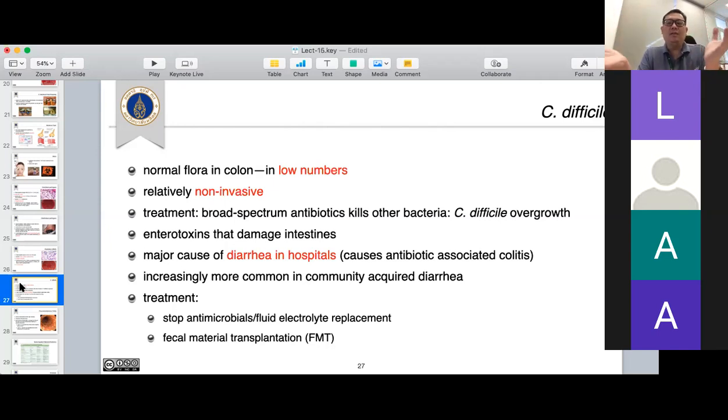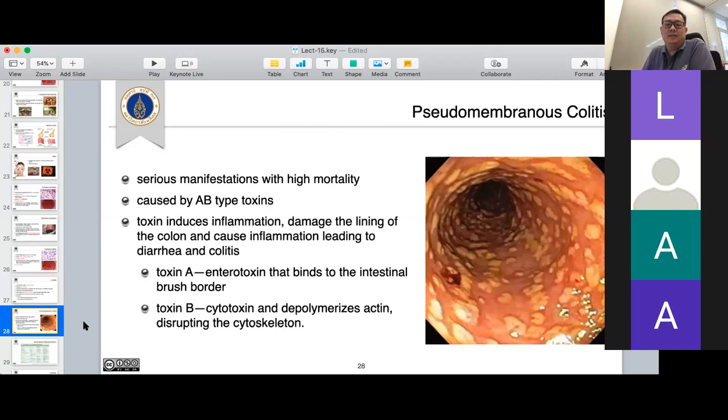It makes the colon lose balance of population. So C. difficile overgrows. When it overgrows, it can cause pseudomembranous colitis. Here, the pseudomembranous colitis is a colony of C. difficile in the colon. It looks like another membrane, and you get severe diarrhea from AB type toxin also.